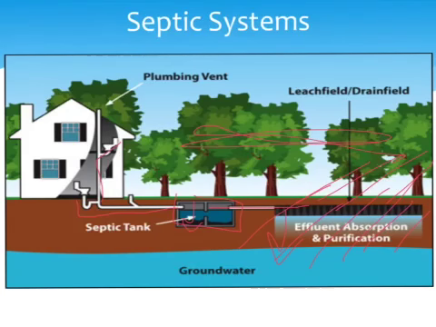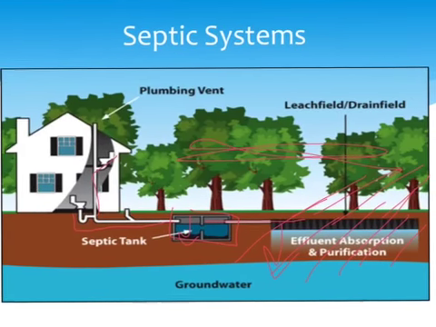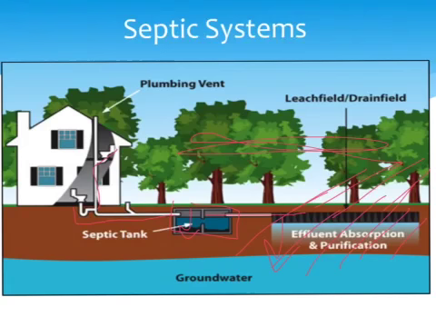It filters the water through these layers of sediment and gravel and whatever happens to be here naturally, just like it would if it were just rainwater. So you're not just drinking urine if you're drinking from a well that is pumping water from groundwater.